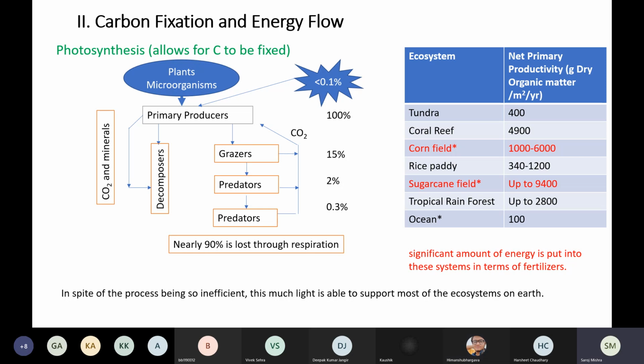Okay. And when I say C4, that means those plants in which the first stable product of photosynthesis is an organic compound in which the number of carbon atoms is 4, that is called a C4 plant. So the acceptor must have been a C3. That is why the stable product is a C4, isn't it?